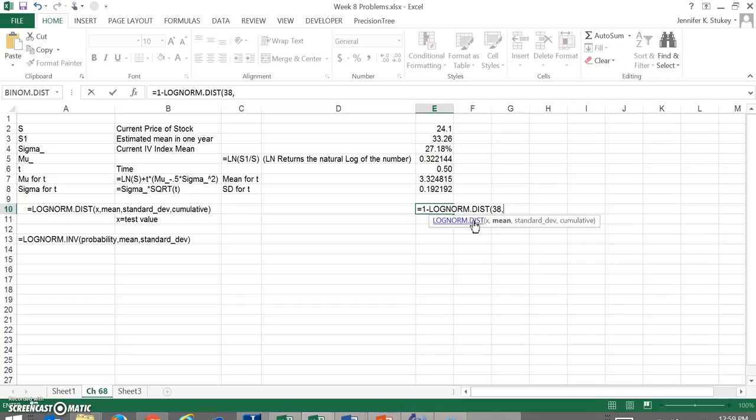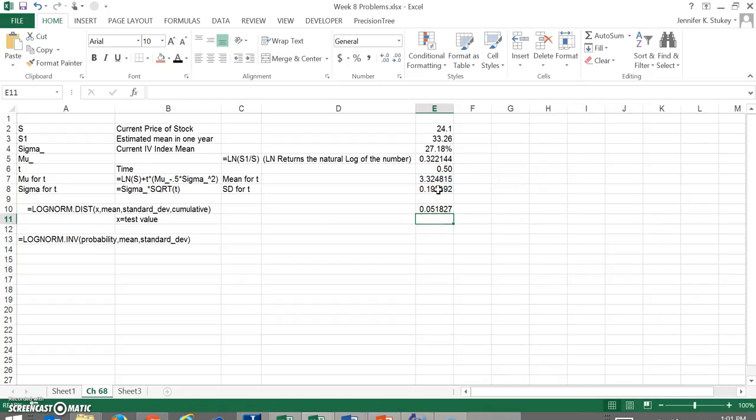Our mean is this mu for T, our standard deviation is the sigma for T, and for cumulative we want true, because we're calculating the odds of $38 and below, and taking all of them out. That should give you a probability of 5% that the stock will be over $38.